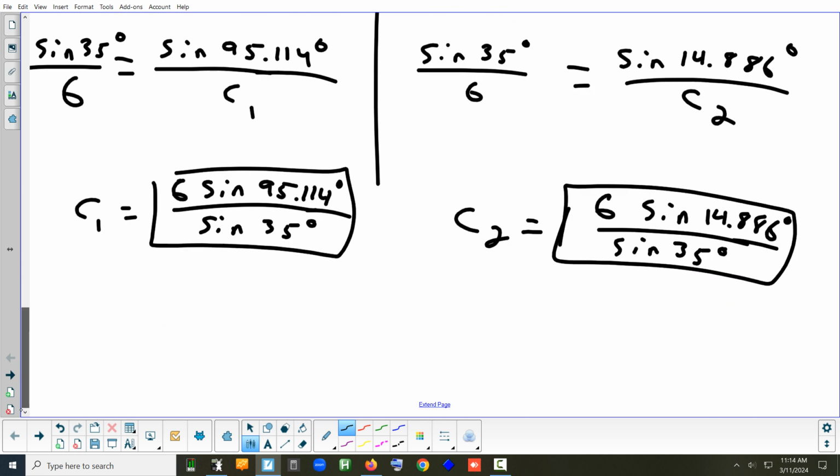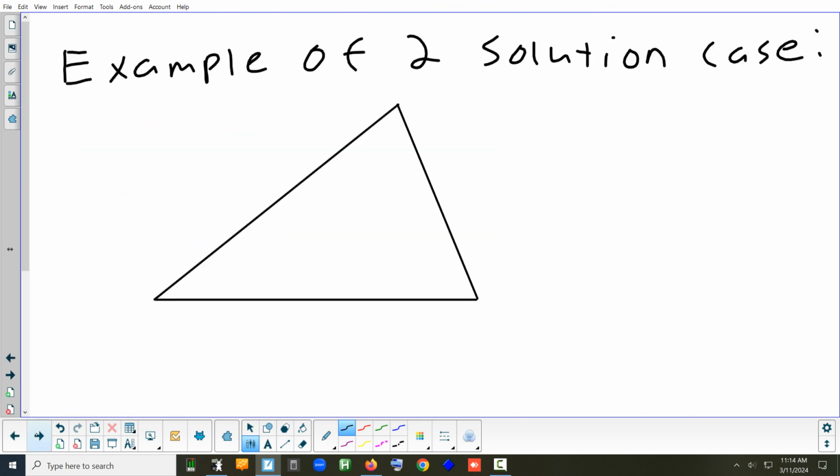I'm going to show you what it looks like when you draw them, just using this example right here. I'm not going to do any numbers on this. I'm just going to show you how I can take 2 sides and an angle that's not between them and copy them to another triangle that looks different than this.